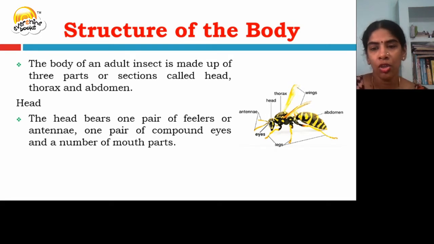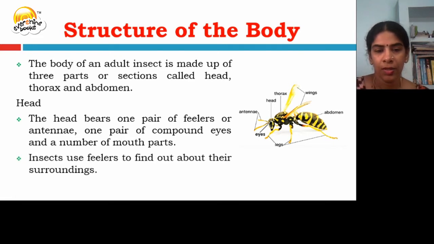In the picture, concentrate only on the head parts. You can see eyes, which we call compound eyes. There is a mouth. There is an antenna, which we call feelers. The feelers are meant to find out about their surroundings.